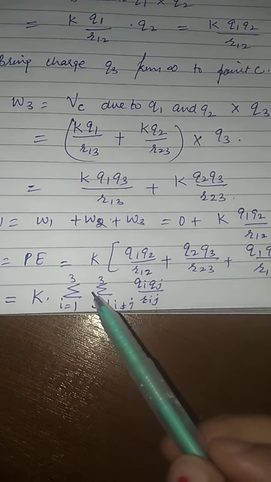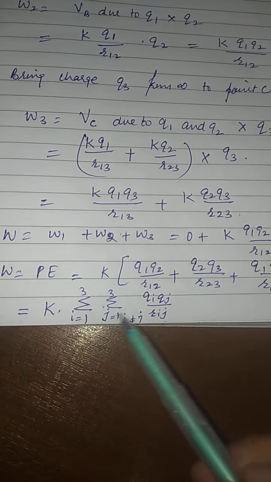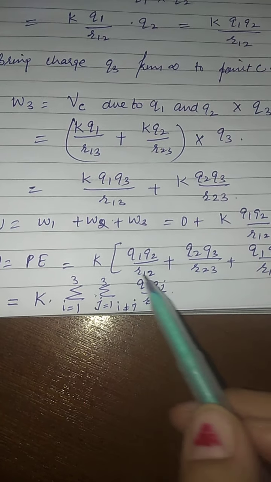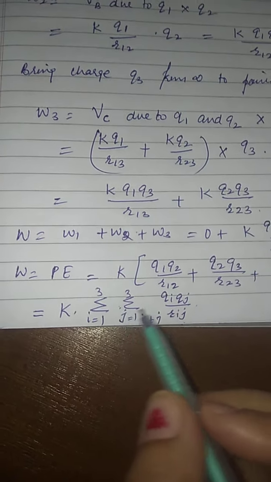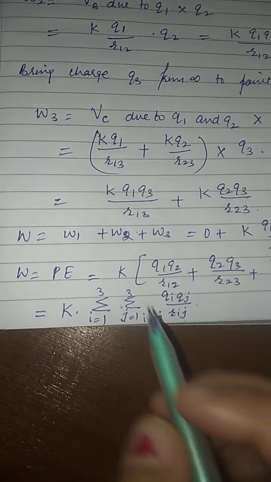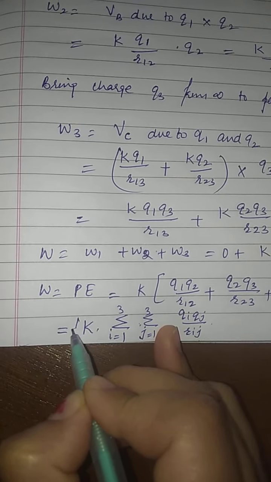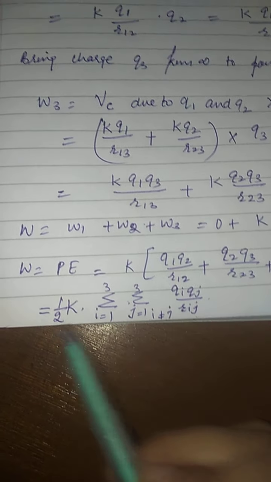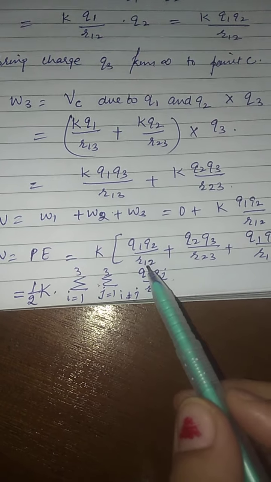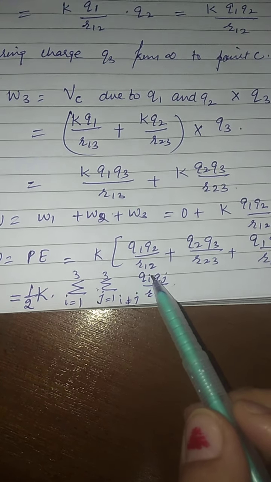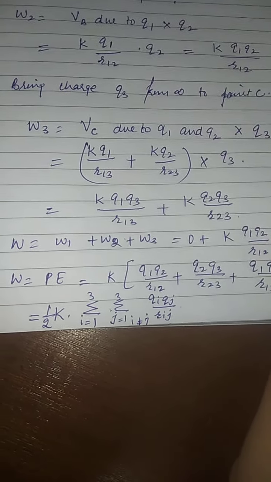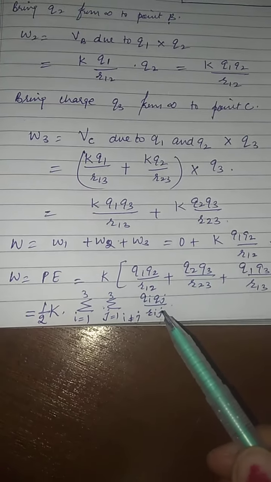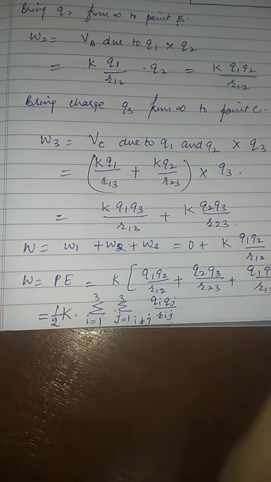So whenever we are writing the expression in the summation form, I have to add one factor here, that is 1 by 2. Why have I done 1 by 2? Because each term is going to appear 2 times in this expression. So this is the total potential energy of the system due to 3 point charges.